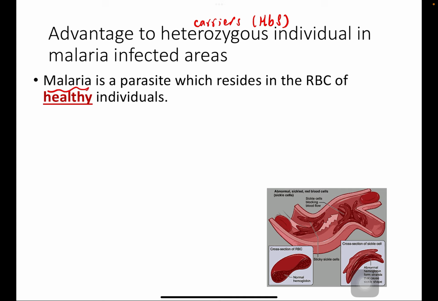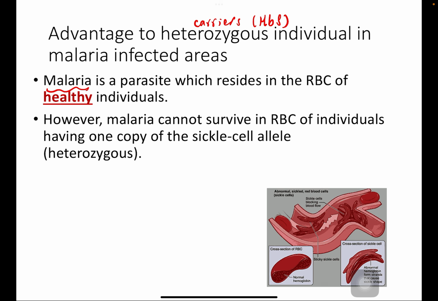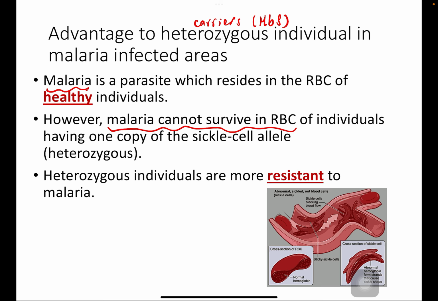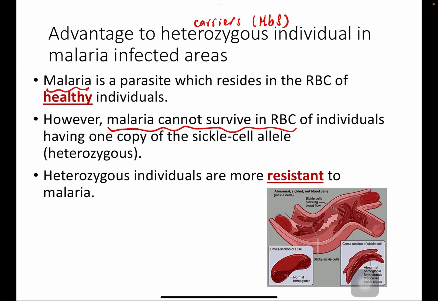Because malaria is a parasite that typically enters the red blood cells of normal healthy individuals, but this malaria cannot survive in the sickled cells that can be found in individuals who are affected. As such, carriers, heterozygous individuals, are more resistant towards malaria instead. So this is one advantage that comes about due to how the environment evolved over time.